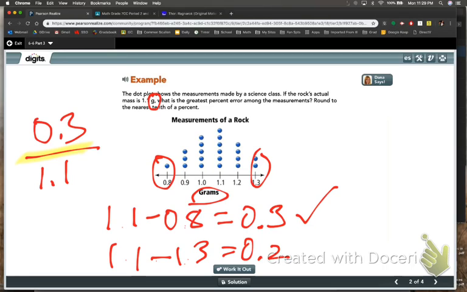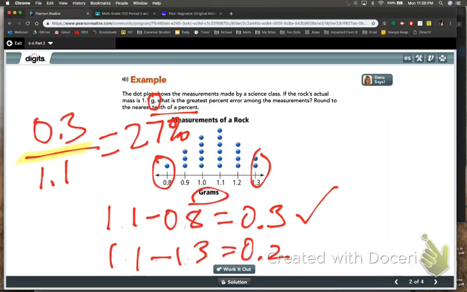So we got 0.3. Type it in my nifty calculator that's low on batteries. 0.3 divided by 1.1, and we get 27. Okay, so this rounds... Nope, I lied. Round to the nearest tenth of a percent.